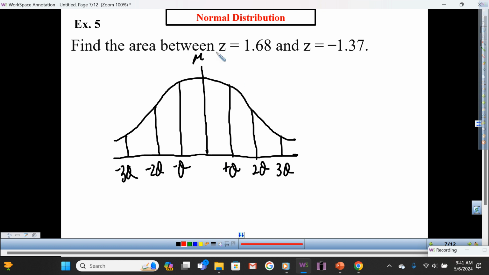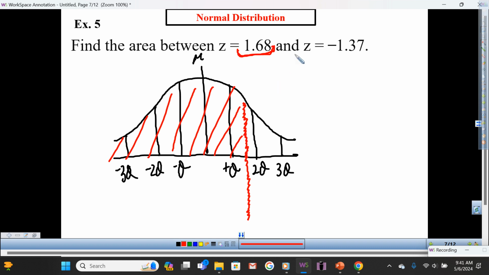So first, negative 1.68, negative 1.6, so it's 2/3 of the way, so it's about right here. So this one is everything to the left.